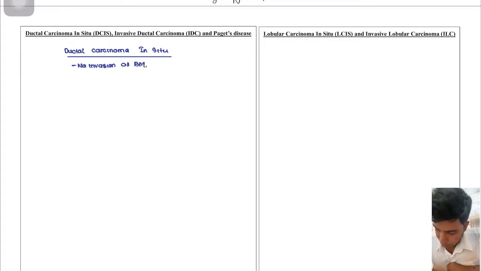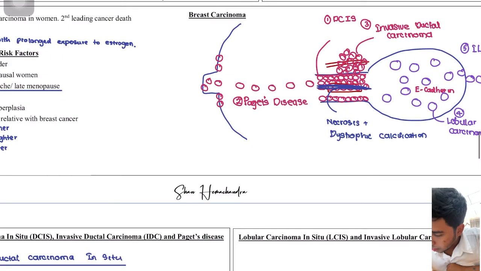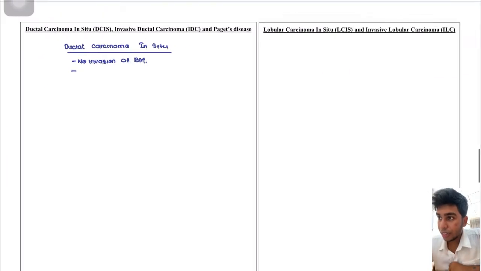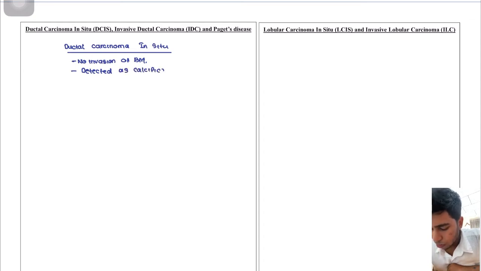That's the first thing. Okay, next you get calcification. I talked about this. So there's going to be calcification here, and that is what you will find on mammography. When you do a mammography, you will find calcification. Let me write it as detected as calcification on mammography.